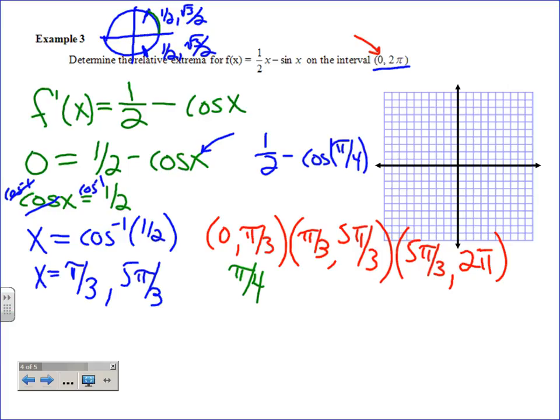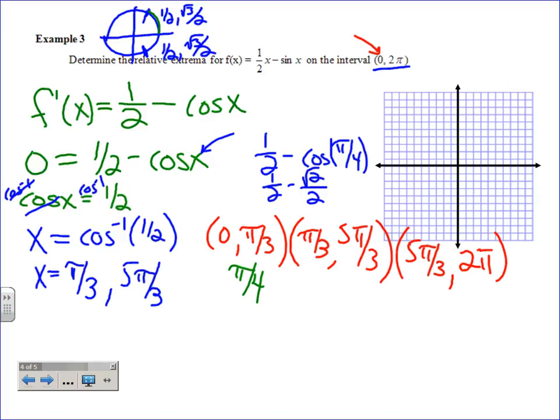So this testing is a little bit harder. Well, what is cosine at pi over 4? Square root of 2 over 2. So it's 1/2 minus the square root of 2 over 2. Well, basically, the square root of 2 is bigger than 1, right? It's 1.414-ish.